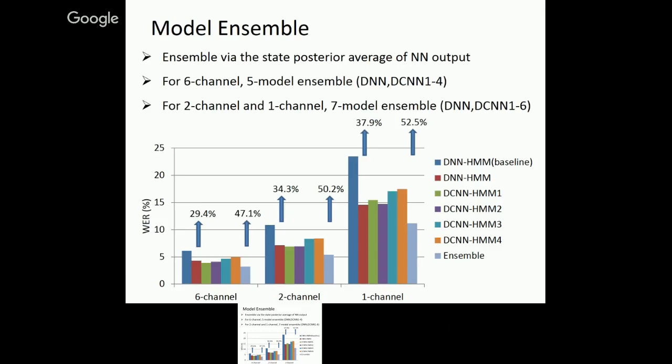We can see that this single system already has more than 30% relative error reduction, and the final system by ensemble can have about 50% compared to the DNN baseline systems.